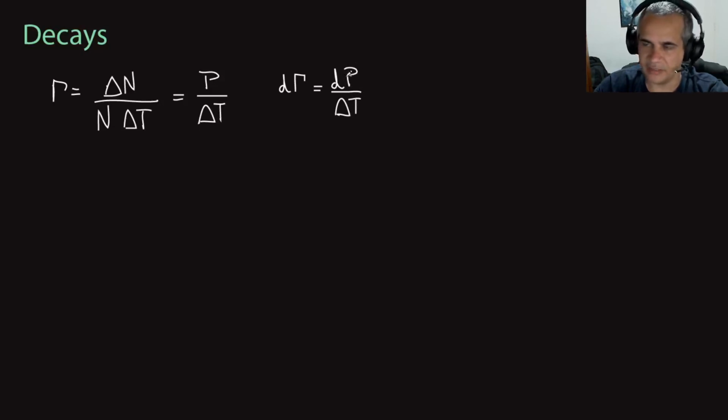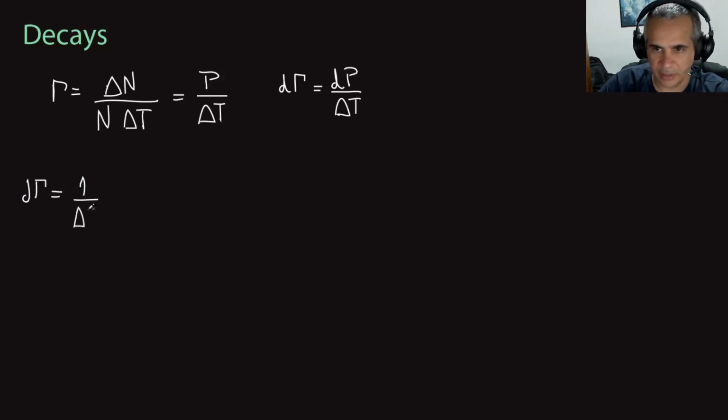And the fact that this is just 1 to n body. So I can write the differential decay width as 1 over delta t. And this is a very similar expression to what we had before, but now in the case of just 1 to n particles. So let's see what changes.